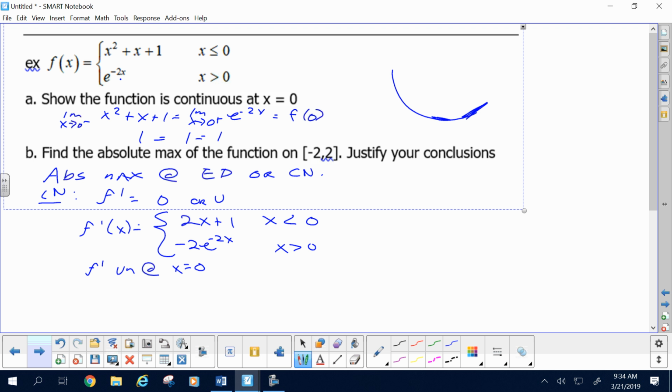All right. The other possible places are where f prime equals 0. Well, let's look at each branch. Does either place have a horizontal tangent? The parabola, for example: 2x plus 1 equals 0 at x equals -1/2, and that is in the domain of that function. That function does exist at -1/2, right?